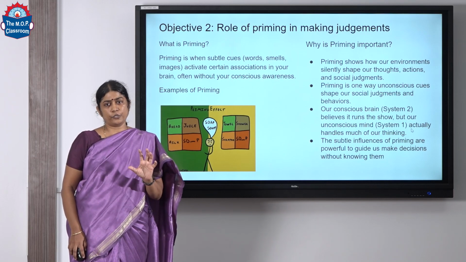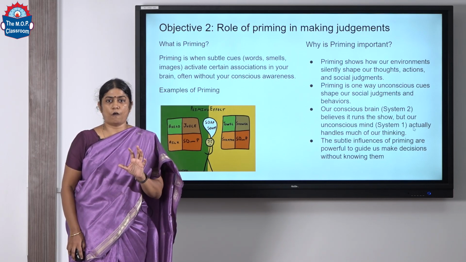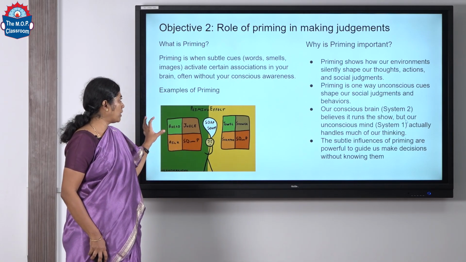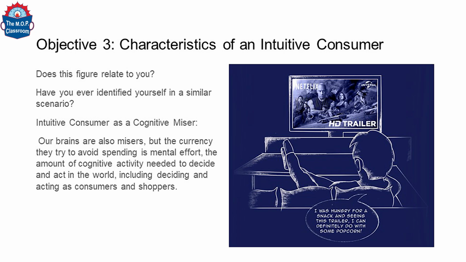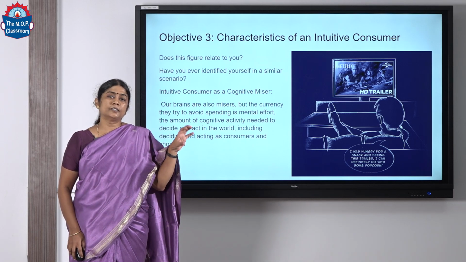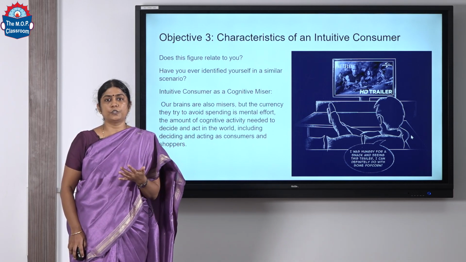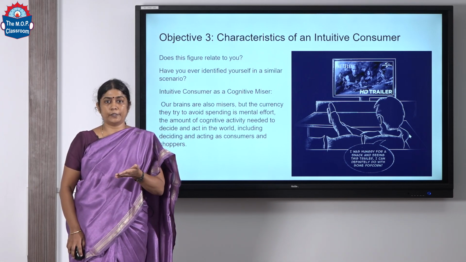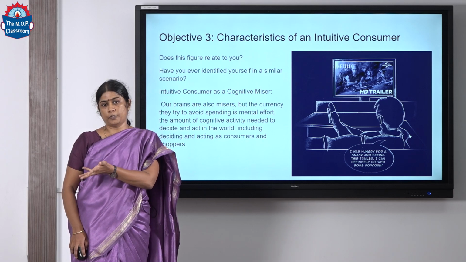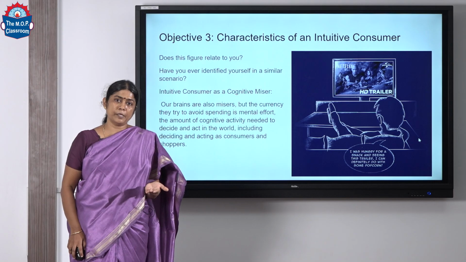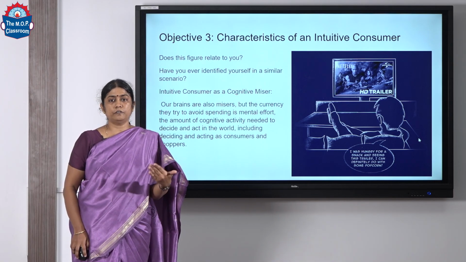We try to connect this spontaneous action of people with priming, and I'll explain more about this in the third objective, wherein before we understand exactly what priming is and the process behind it, we need to understand the characteristics of an intuitive consumer. Why? Because remember I said social behavior influences people to go for a product, isn't it? So definitely we need to understand what kind of people go for such intuitive behaviors.